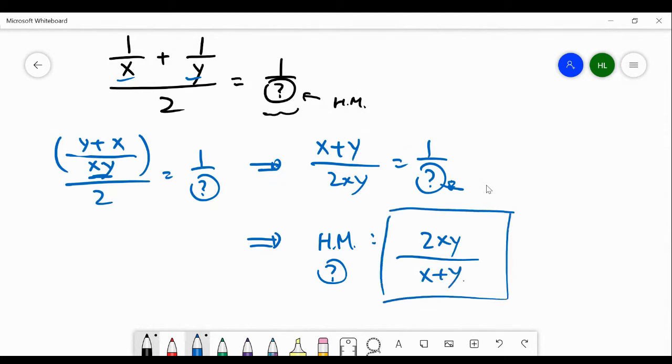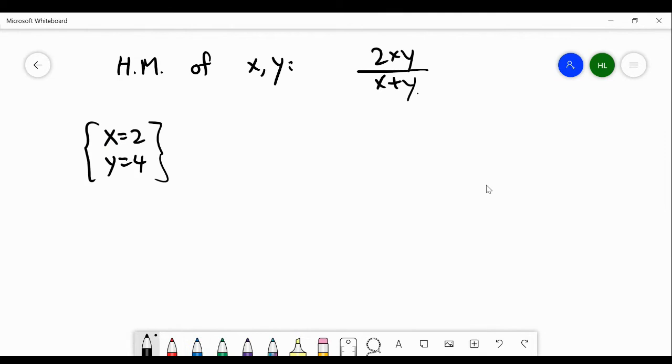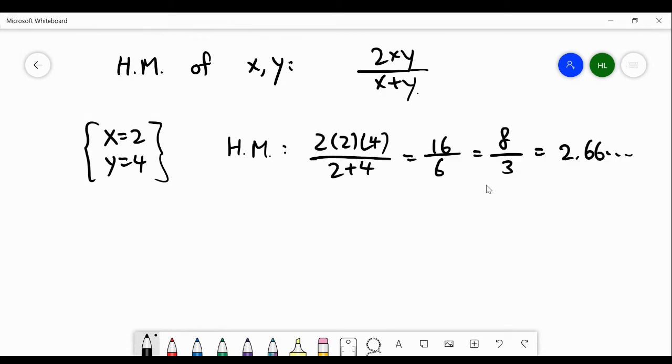So it may be an unnatural formula, but actually it is quite useful in certain applications of mathematics. And as a simple example, if x equals 2 and y equals 4, we can find the HM just by simple numerical computation, right? So you see the HM is going to be 2.666 and so on.